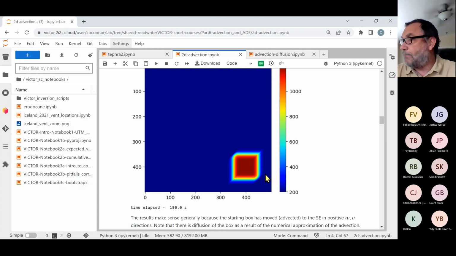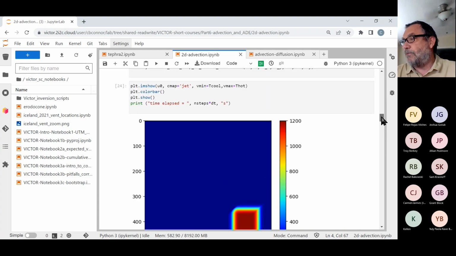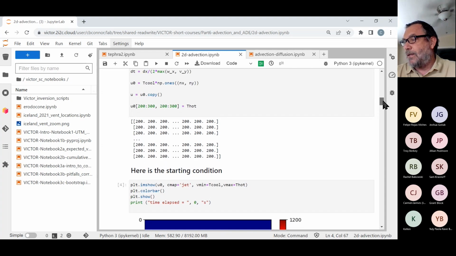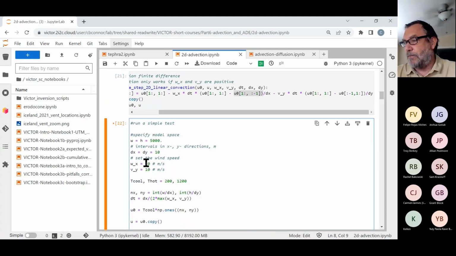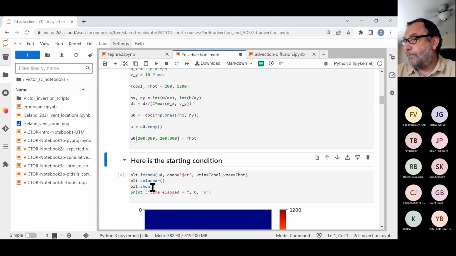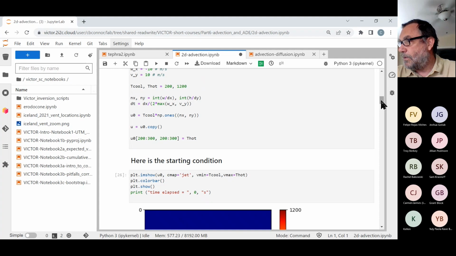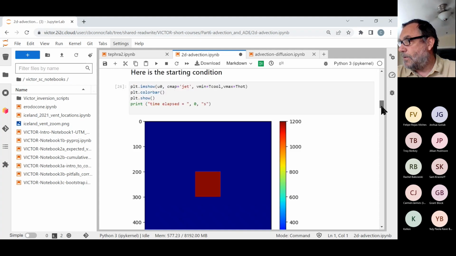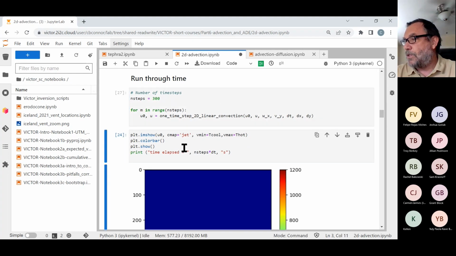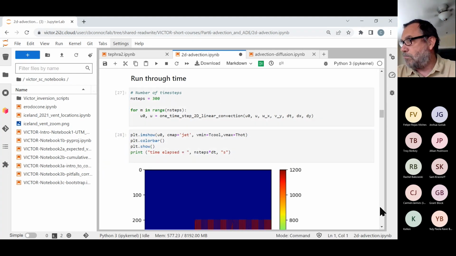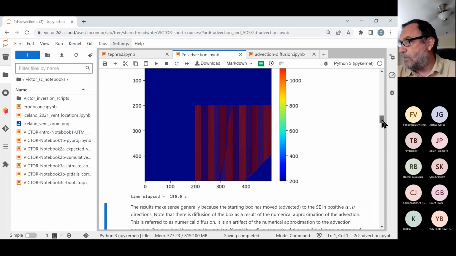Okay, now there's a problem with this code. For one thing, it's not going to work if w or v are negative. Pretty sure I can just show that. Let me just make w negative, see what happens. There's my starting condition, and I call my function, and wow, something really messed up.